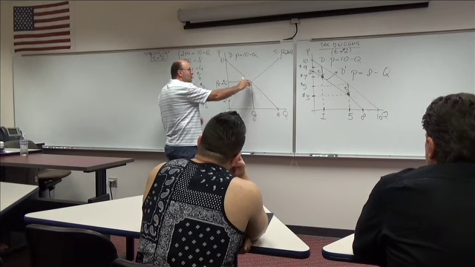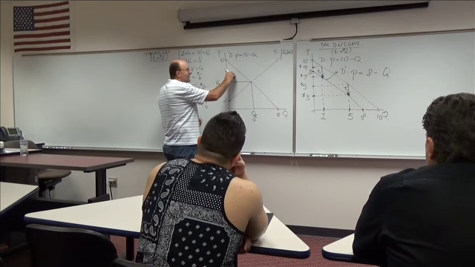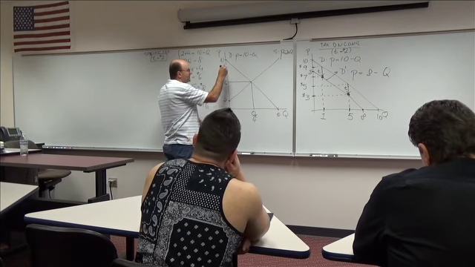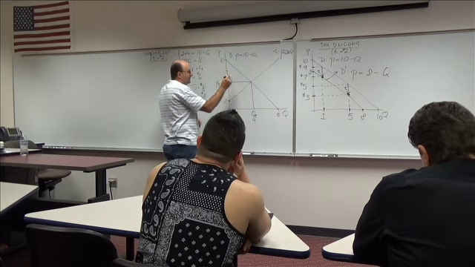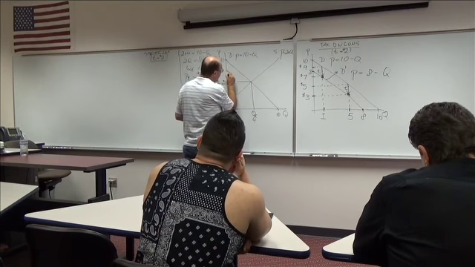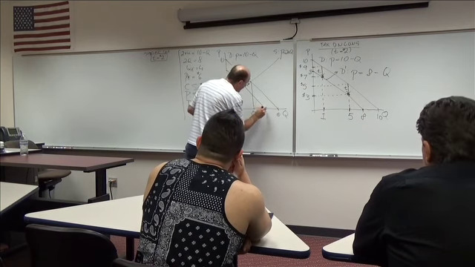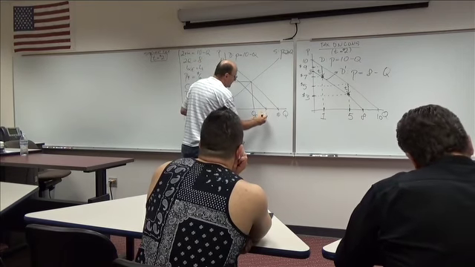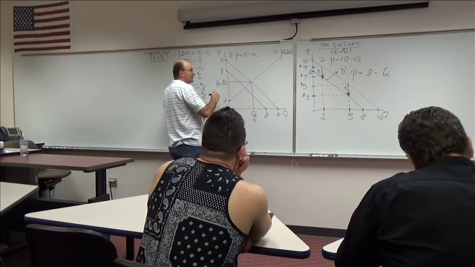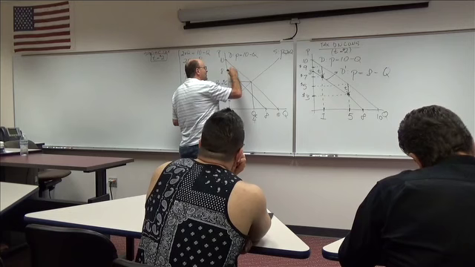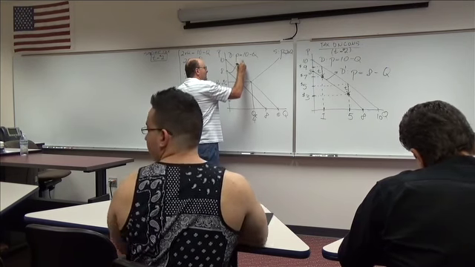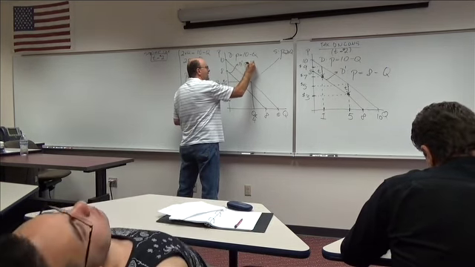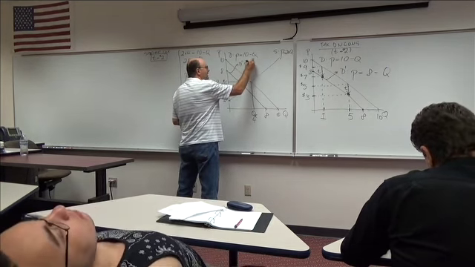Tax imposed on consumers shifts the demand curve down by 2, from 10 to 8. The equation is P equals 8 minus Q. Okay?